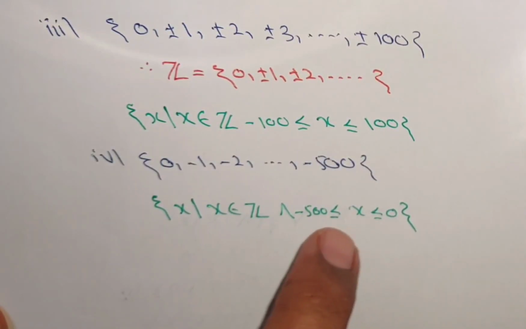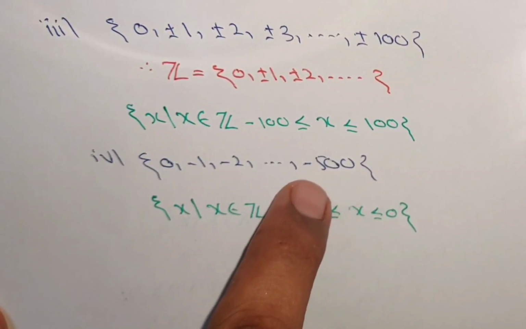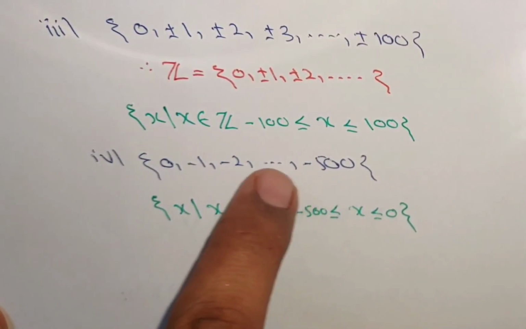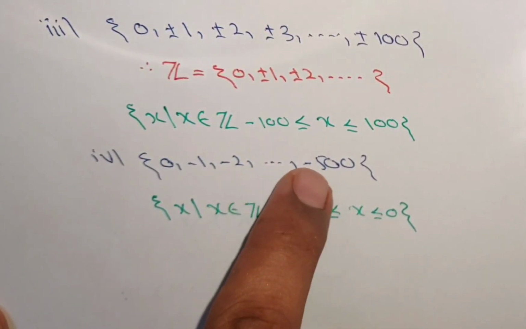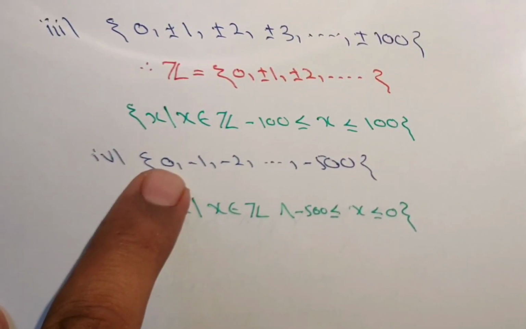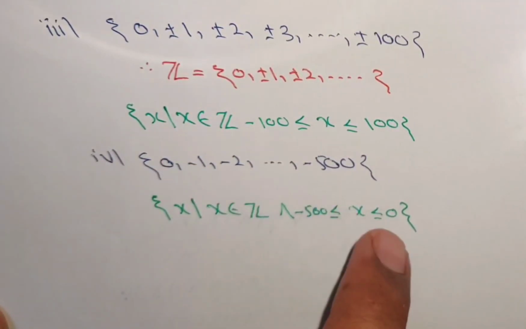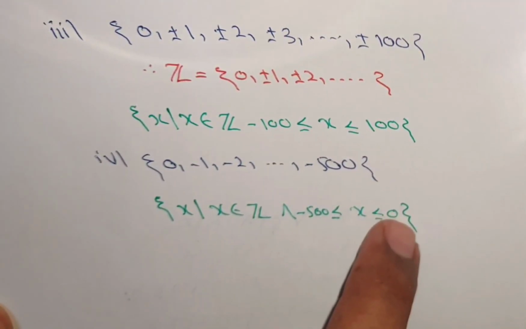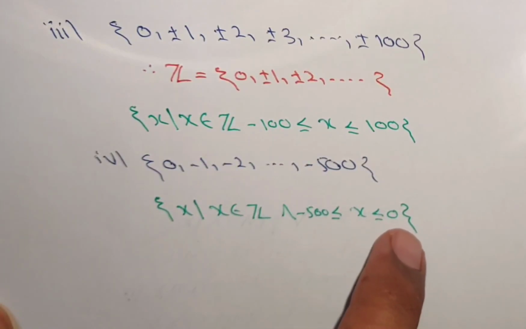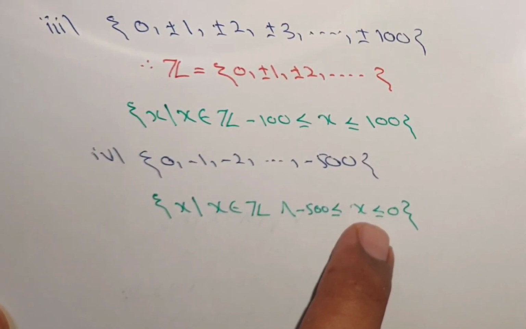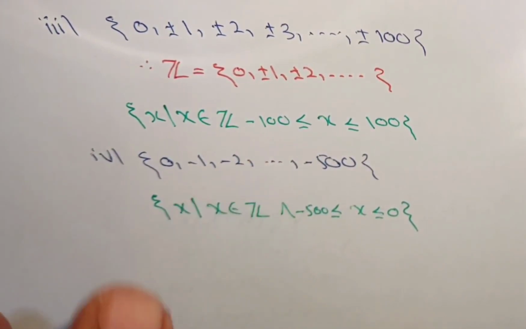So x is greater than or equal to minus 500, and after minus 500 we have minus 499, then minus 498, and so on, up to minus 1, then 0. So 0 is the greatest number here. So x can be less than or equal to 0, but it cannot be greater than 0. So this is the set builder form of the above set.